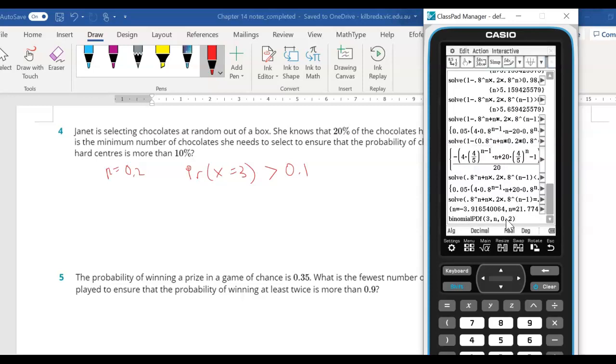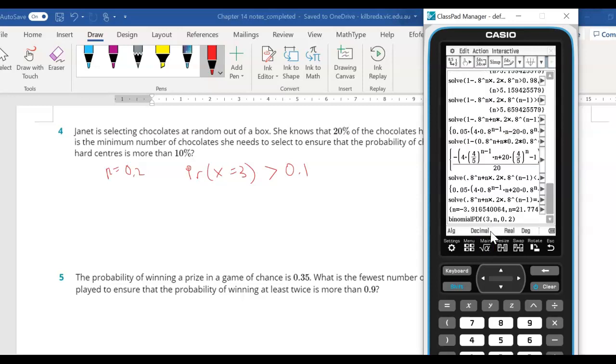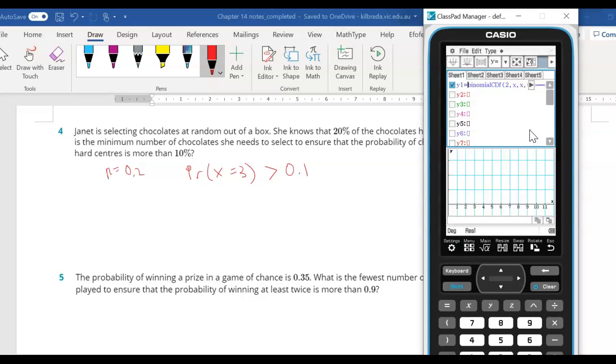Okay, doesn't work again, so let's highlight, copy. So copy, and then we're going to go to the graph. All right, we can clear what we've got there. We don't need that one. So we're going to paste what we've just had. Put that in. See if this works.